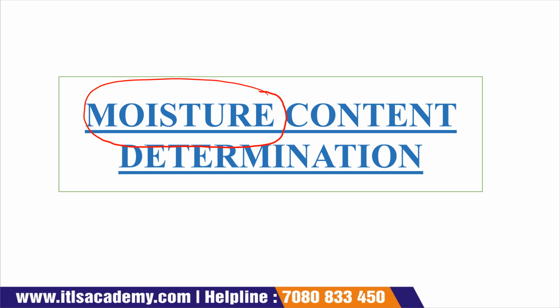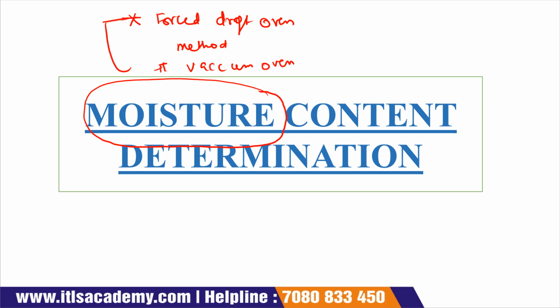We also discussed two types of moisture content determination: one is the forced draft oven method, and the second one is the vacuum oven method. These two methods are already discussed.